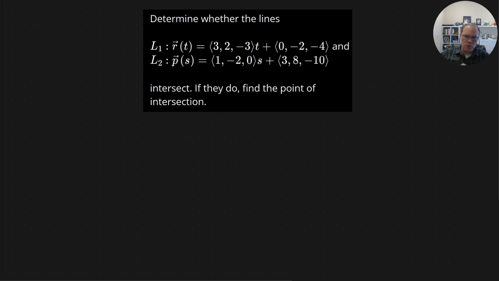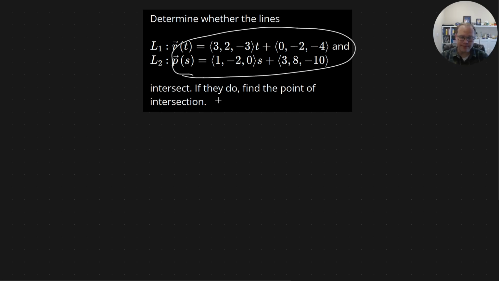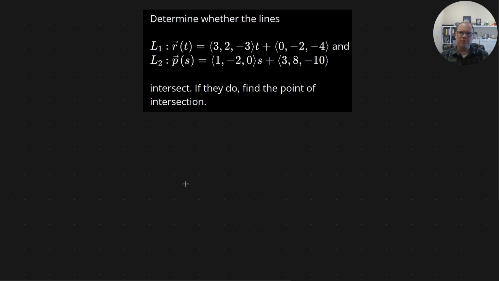For this example, we want to determine if two lines intersect. And if they do, we want to find the point of intersection. Now, I want to emphasize that these are lines that live in three-dimensional space, right? And so the possible ways that lines can relate to each other in three-dimensional space are a little bit different than in two-dimensional space.